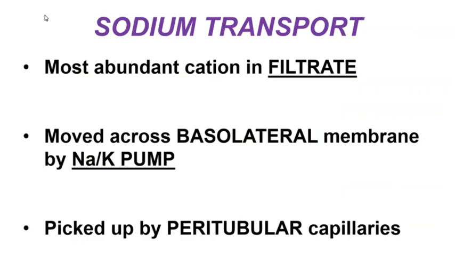So let's focus on sodium transport for a second. Sodium transport is important to discuss because sodium is the most abundant cation, or positively charged ion, in the filtrate. We'll start at the basolateral membrane, the membrane of the tubule cells that's closest to the paratubular capillaries.